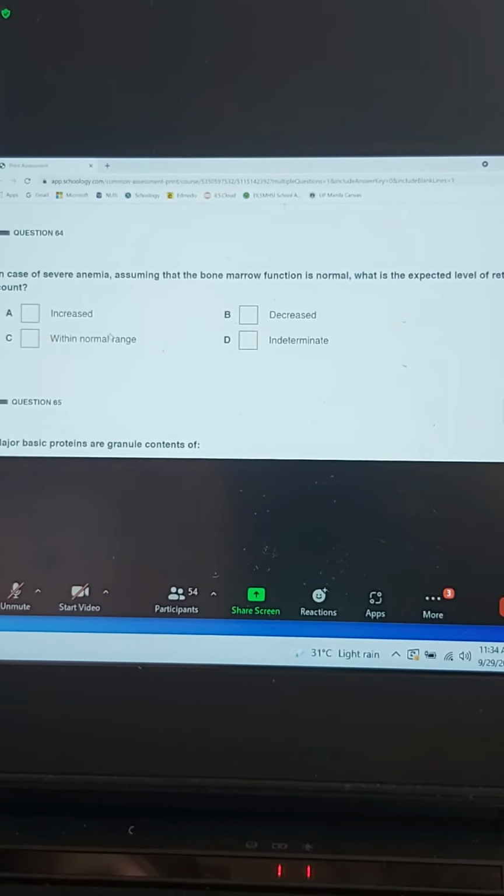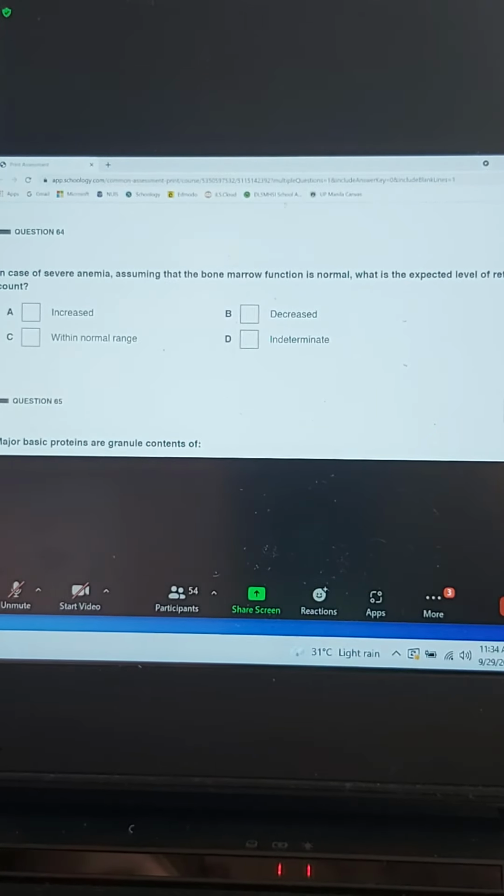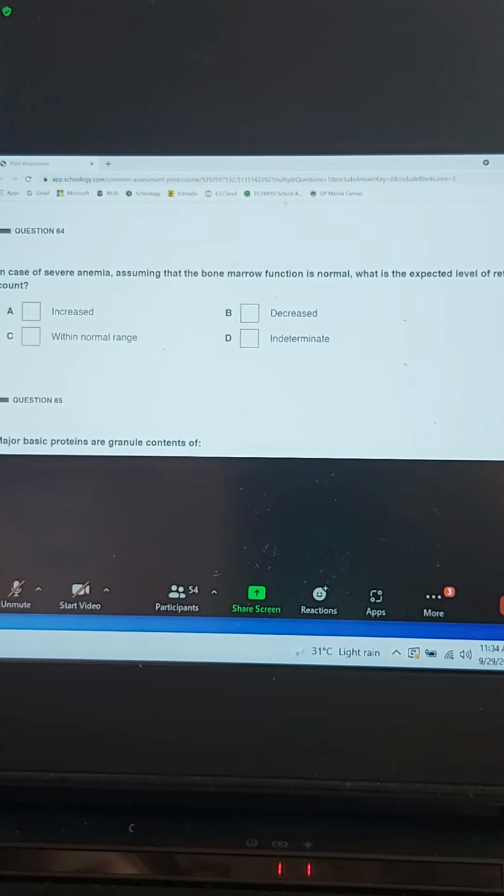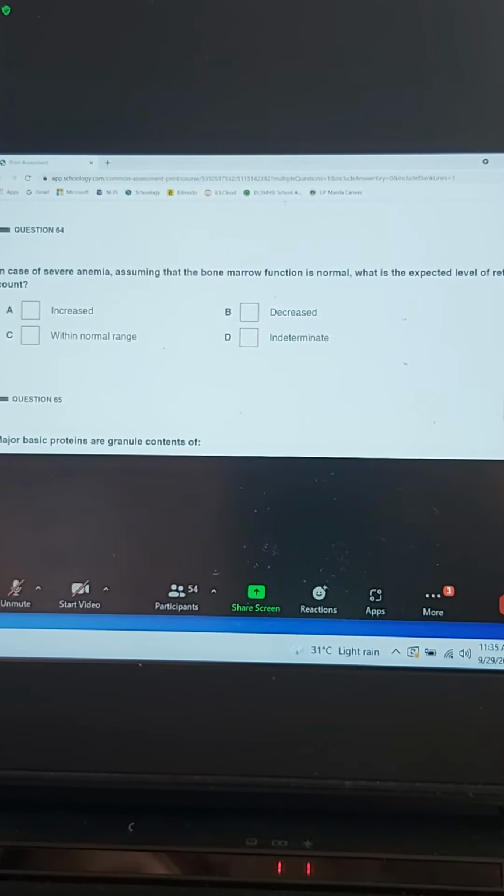So 64, in case of severe anemia, assuming that the bone marrow function is normal, so what is the expected level of reticulocyte count? Increased. So bakit siya increased? Gumagawa po ng paraan yung bone marrow para masupply yung kulang po ng red blood cell.